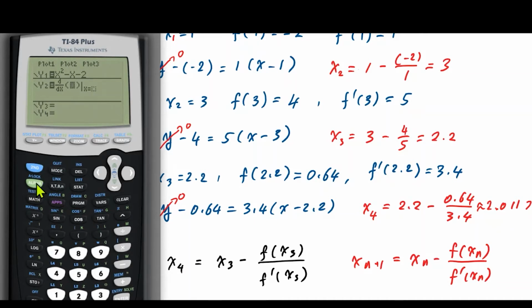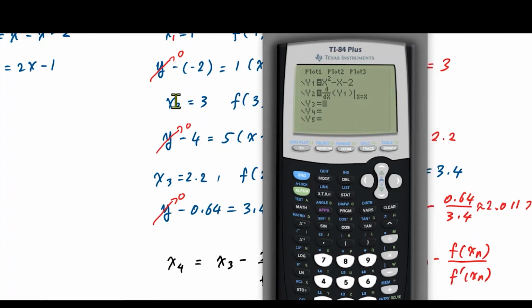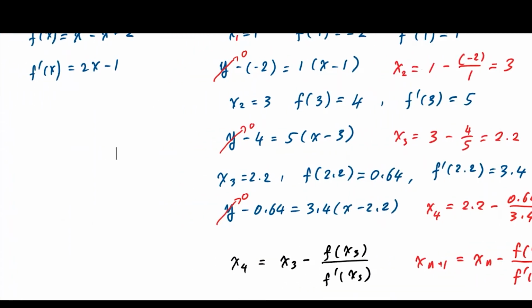So we remember alpha, trace Y1, and then you usually put a number, but it's X, our previous X, which is 1 at the moment. So enter this, and then I'm going to write down the TI-83 command here. TI-83 is like this.